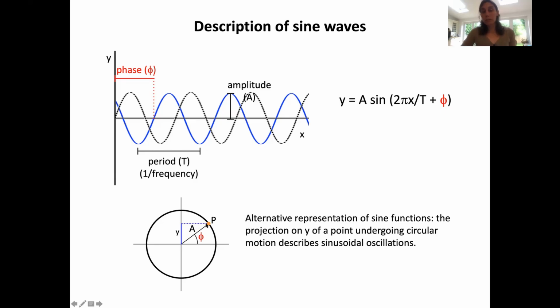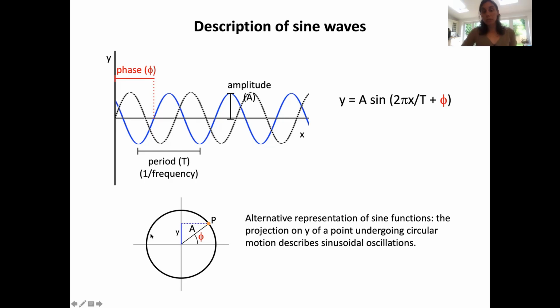Now you can see here that depending on the starting position of P, we start off with a different value of y, and that defines the phase of the sinusoidal function. So in this sense, we can define it as an angle.